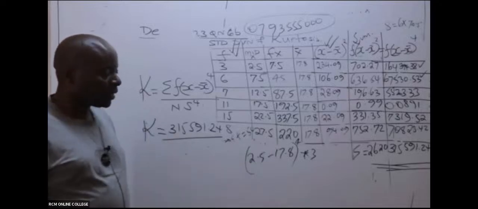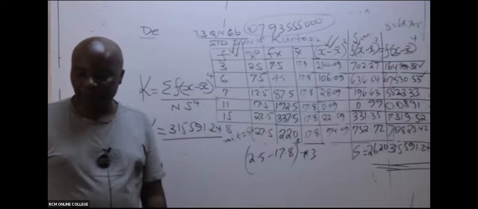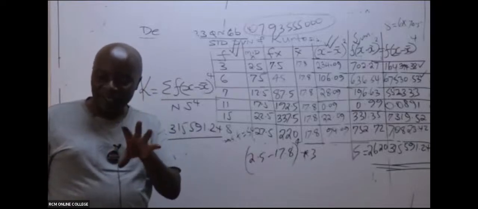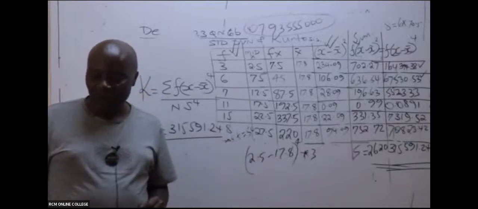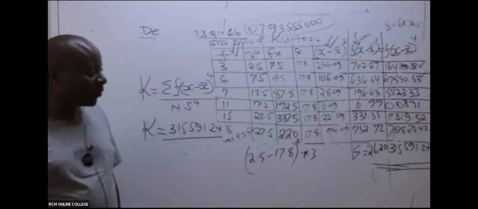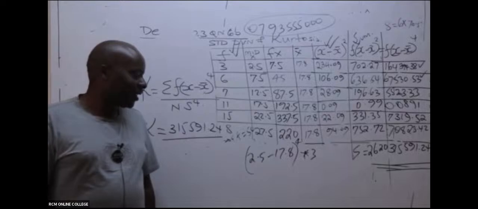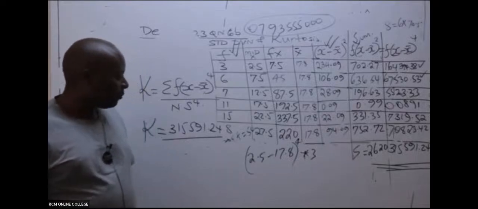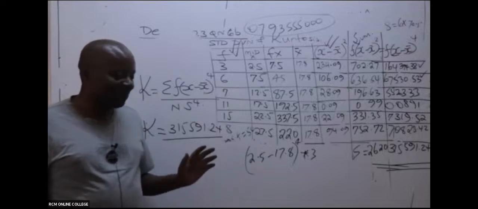Someone else to confirm that sum? 315,590.77, the same. The rounding off error, that's allowed. 315,591.2427, one and the same.